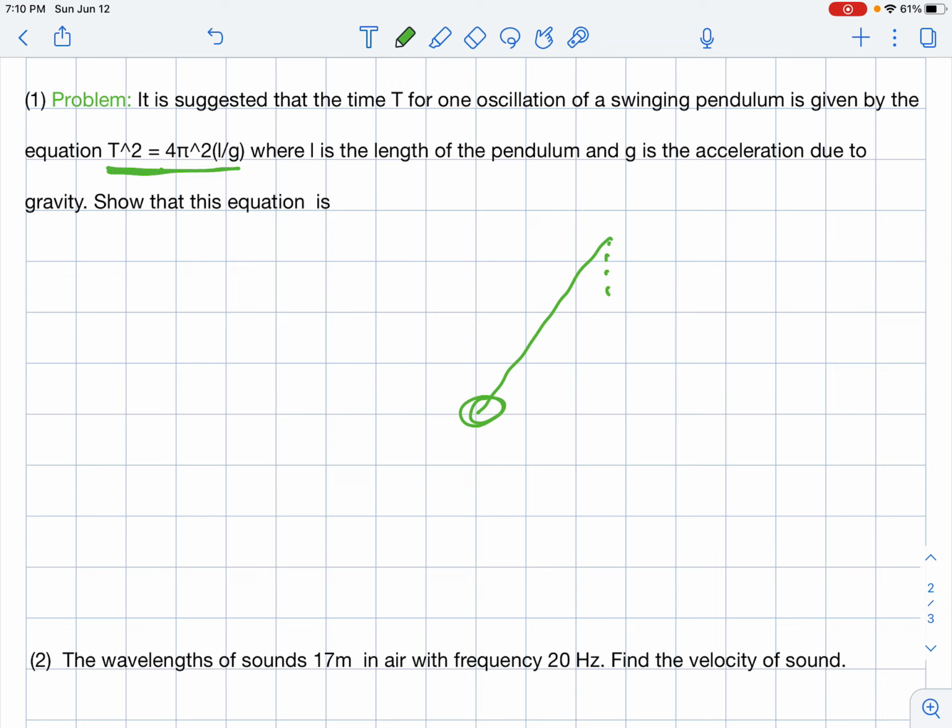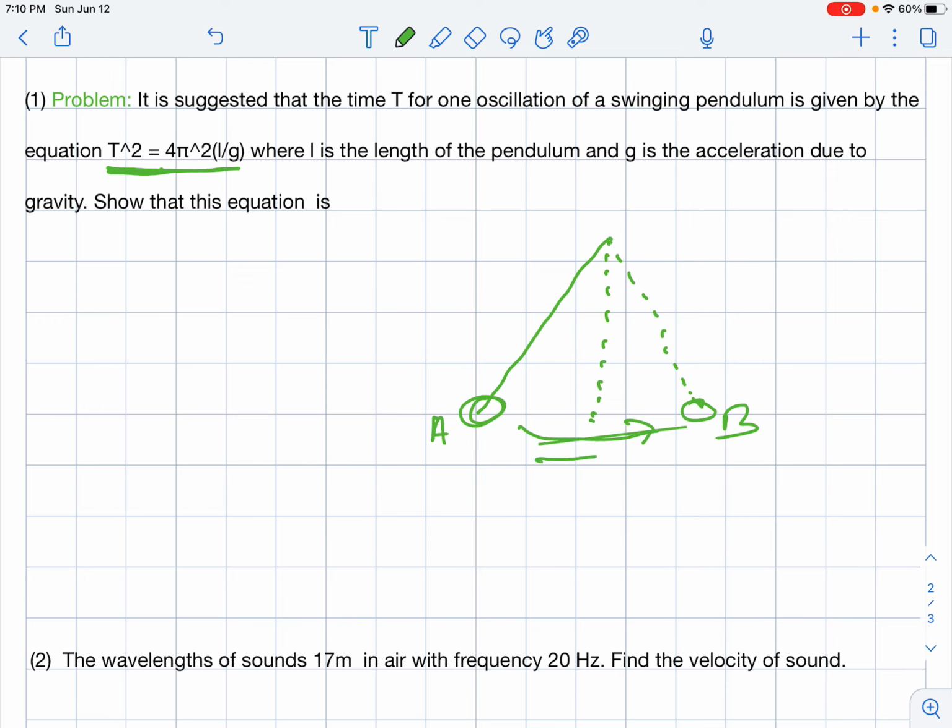It swings forth and back. It goes from position A to B, and back to position A again.